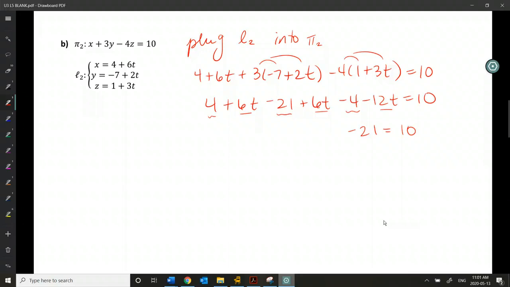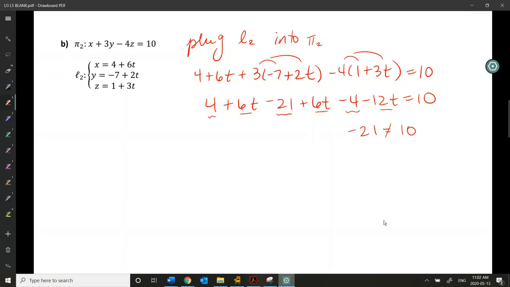And sometimes people will also like bring this over, let's say, and they'll say, okay, I have 0 equals 31. You can do that as well if you kind of want to leave like the t's on one side and the constants on the other side. But either way you do this, we do get an untrue statement. And as soon as we get an untrue statement, basically what you know is that these guys are parallel.